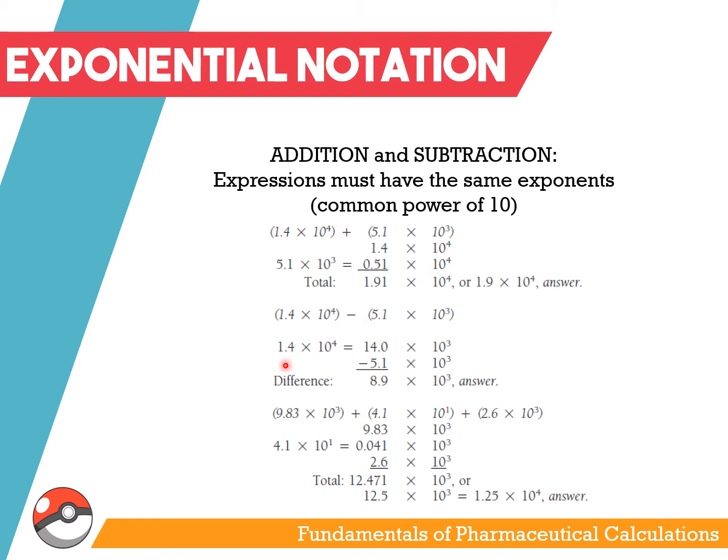While in this example, 1.4 times 10 to the fourth power, we moved the decimal to the right. So we had 1.4 times 10 to the fourth power converted to 14 times 10 to the third power. From 4, it became 3. Okay, so practice on your exponential notations so that you will not be confused, okay? So practice with this example.